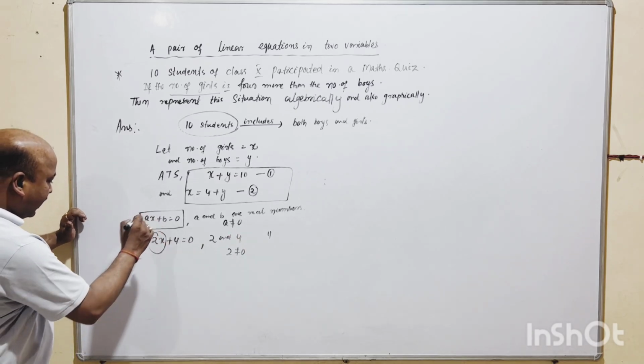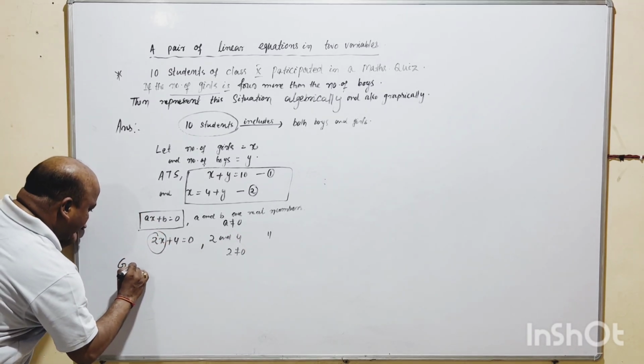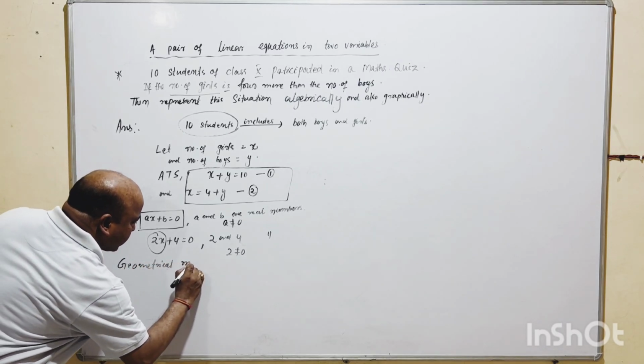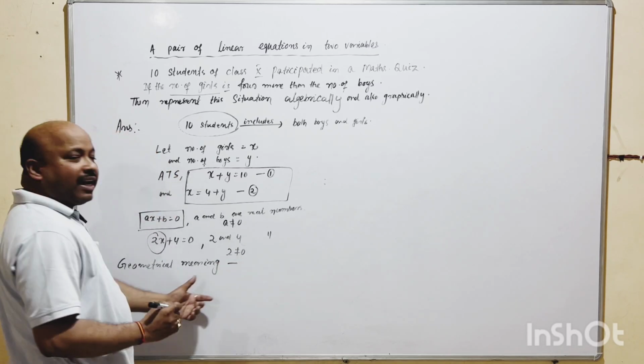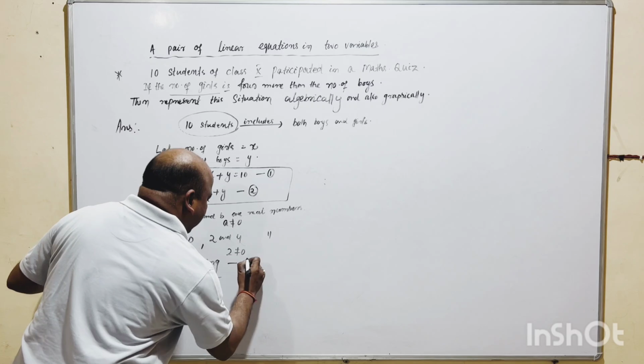And what is the geometrical interpretation? Geometrical meaning is a straight line. I am going to prove it.